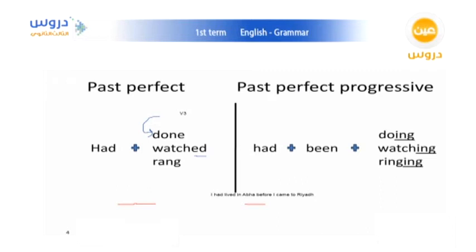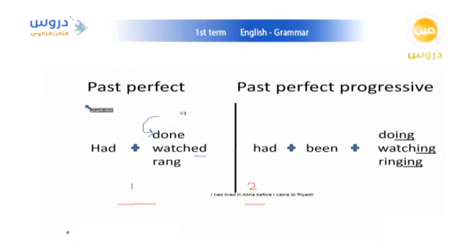Let me say this is number one, and came here is number two. So two actions happen in the past, but one event happens before. So had lived in Abha happens in the super past, before I came to Riyadh. This is the form of past perfect: had plus verb 3.